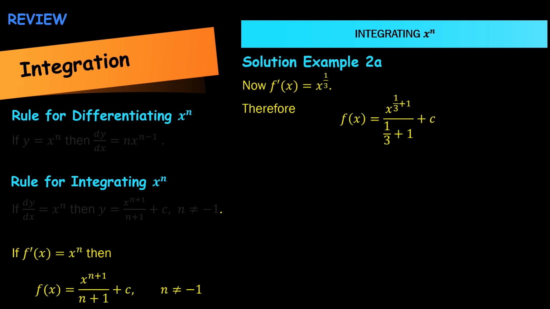So let's solve example 2a first. Again, the rule which we are applying has been highlighted. So n plus 1 is a third plus 1. And tidying up gives us x to the power 4 over 3 divided by 4 over 3 plus c.